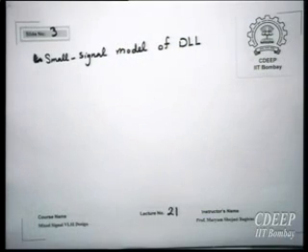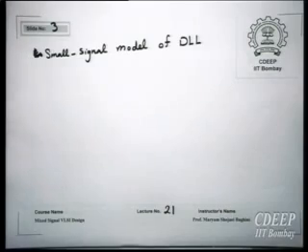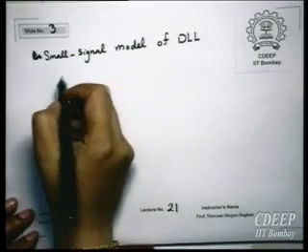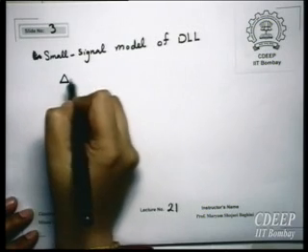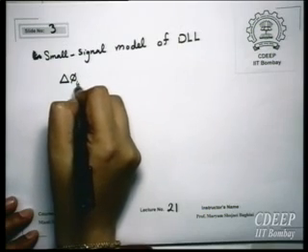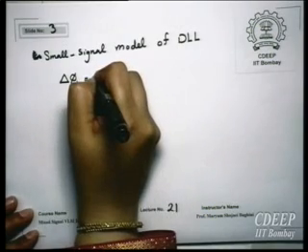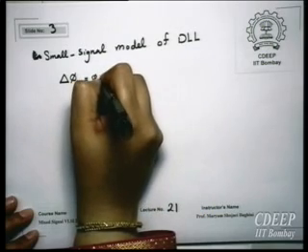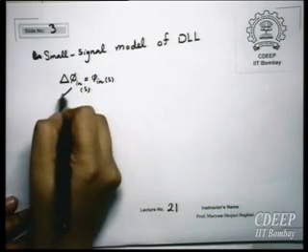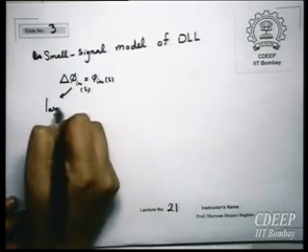So a small signal model of DLL will be similar to PLL. So first one is the large signal, second one is the small signal.